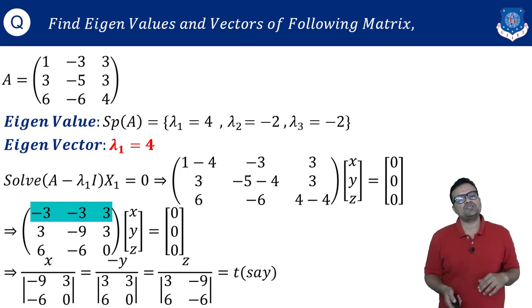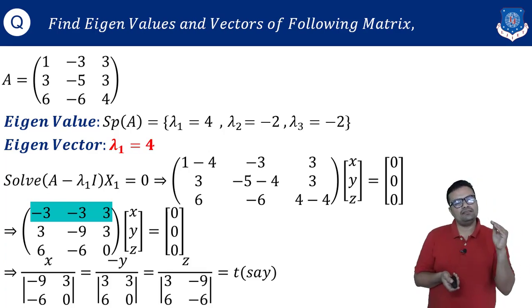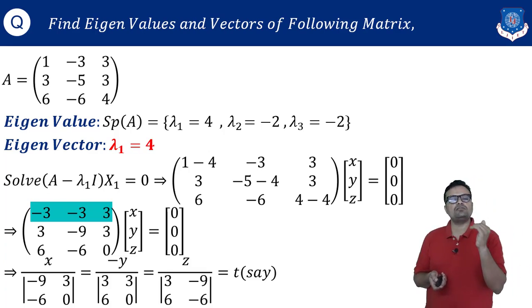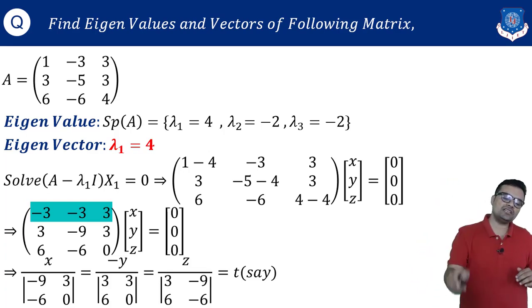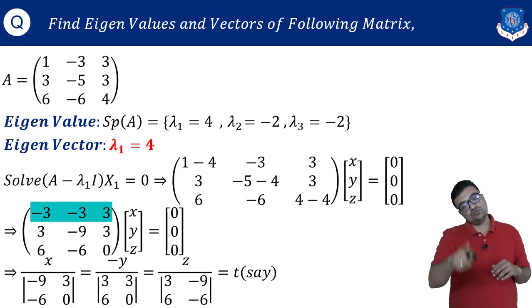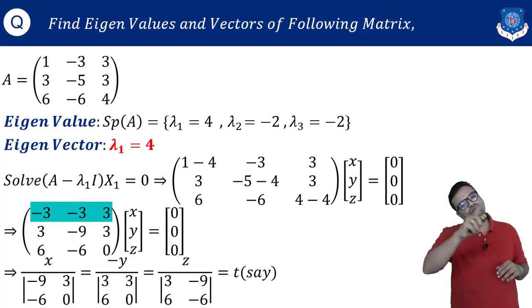So for that I am selecting first row. So I will take x upon something equal to minus y upon something equal to z upon something equal to t. I am assuming that there is one free variable.